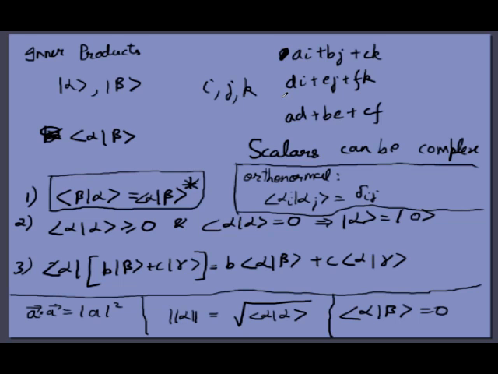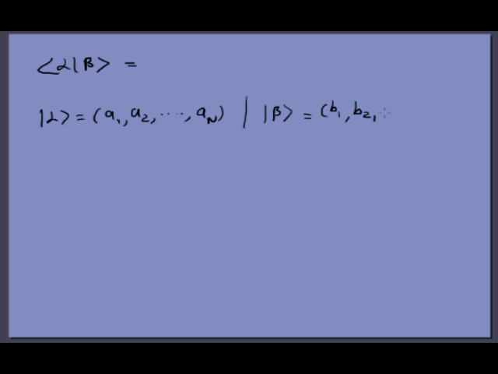So the reason they would make calculations much simpler is we would be able to solve in terms of the n-tuple. So for example, let's say we have alpha and beta. In terms of the n-tuple, alpha is equal to the n-tuple a1, a2, ..., an, and beta is the n-tuple b1, b2, ..., bn.